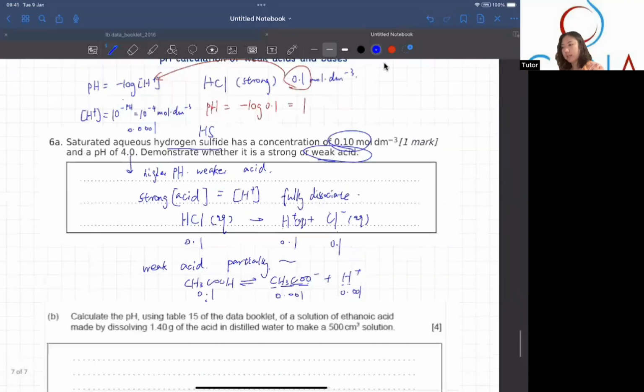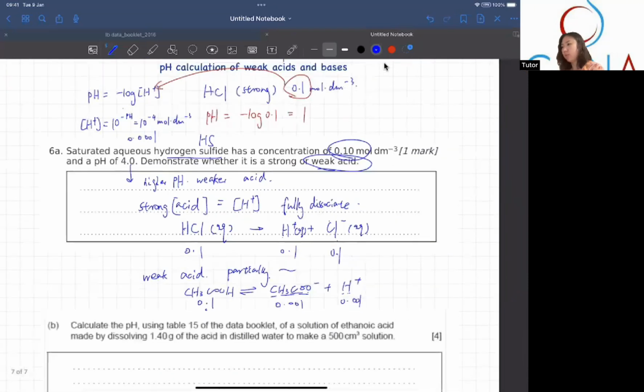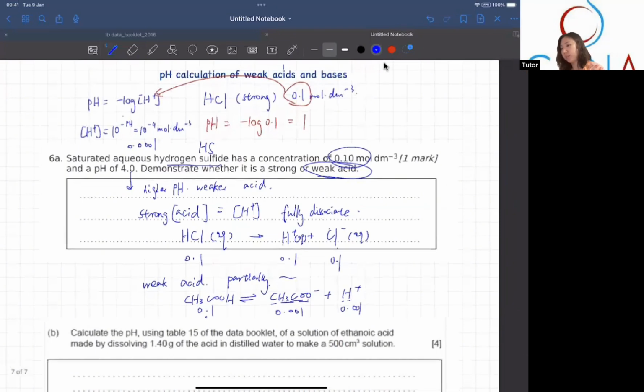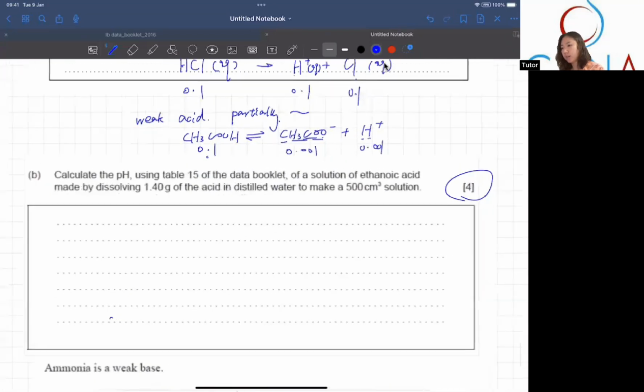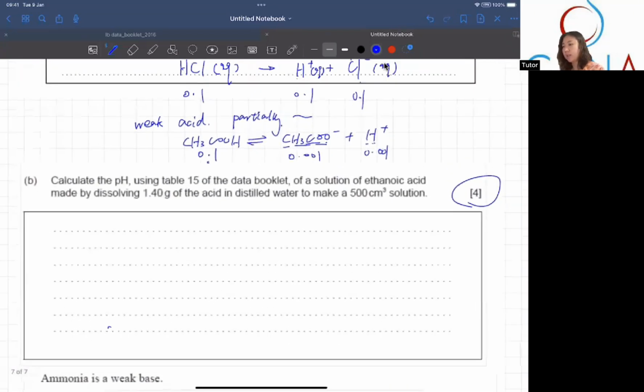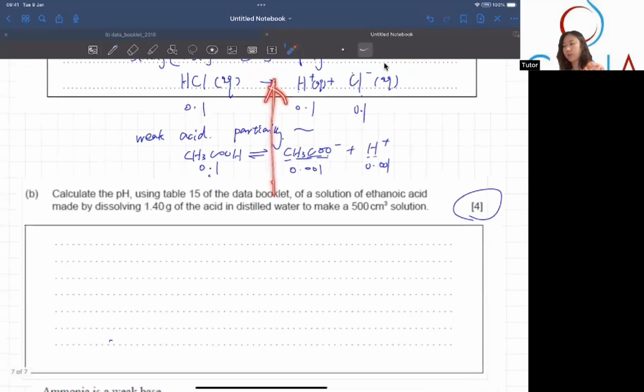Let's have a look at a more difficult calculation, which is worth 4 marks. These two are separate questions, by the way.